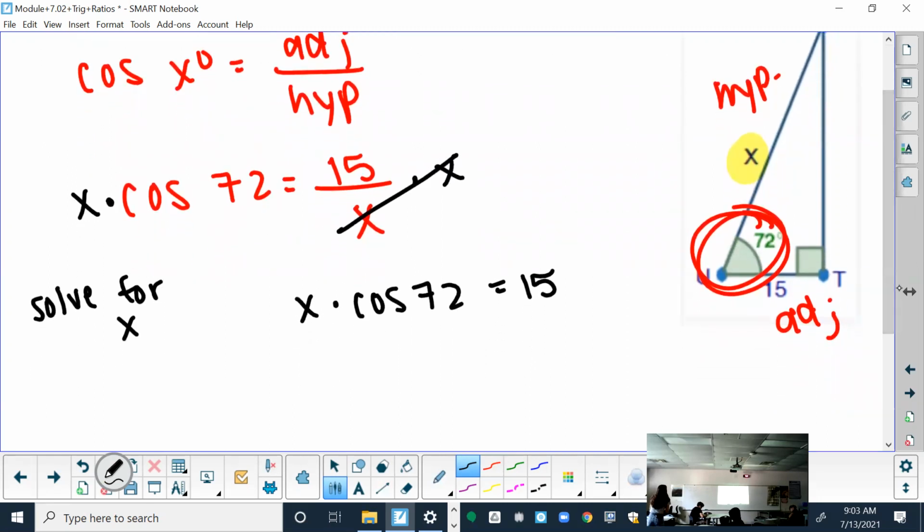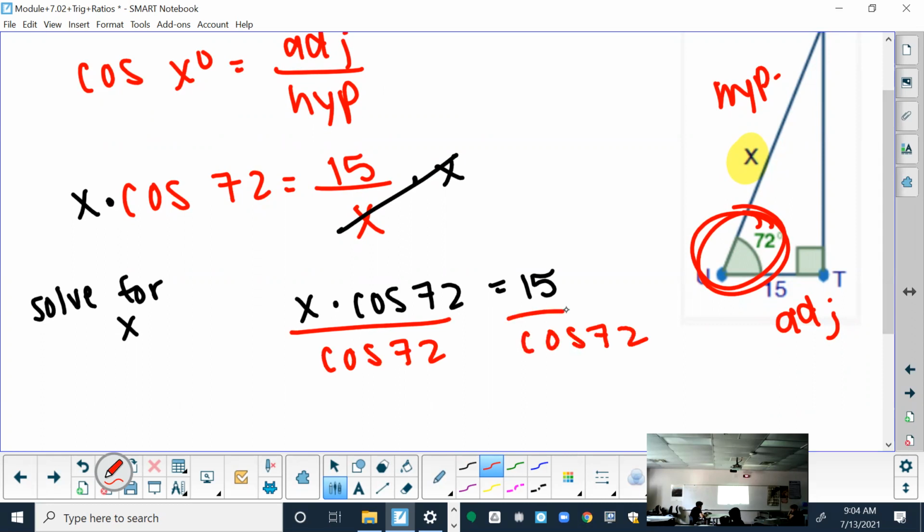Now what is opposite of multiplying? So I'm going to divide each side by the cosine of 72, because that will get the x by itself. So that'll cancel out. I have x equals 15 over cosine of 72.